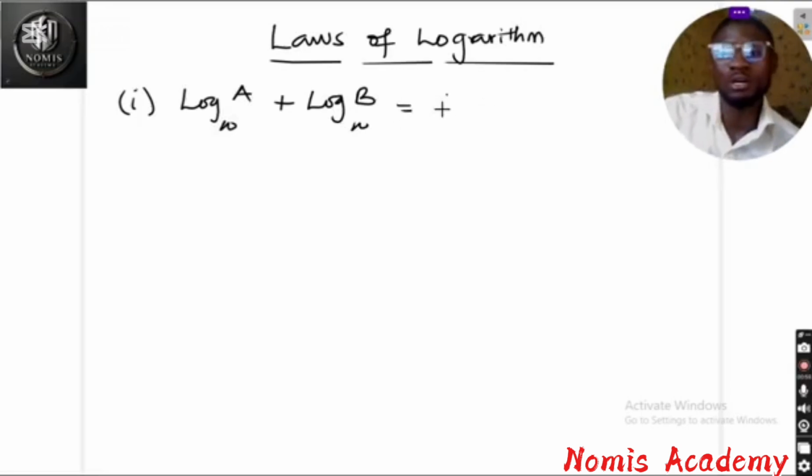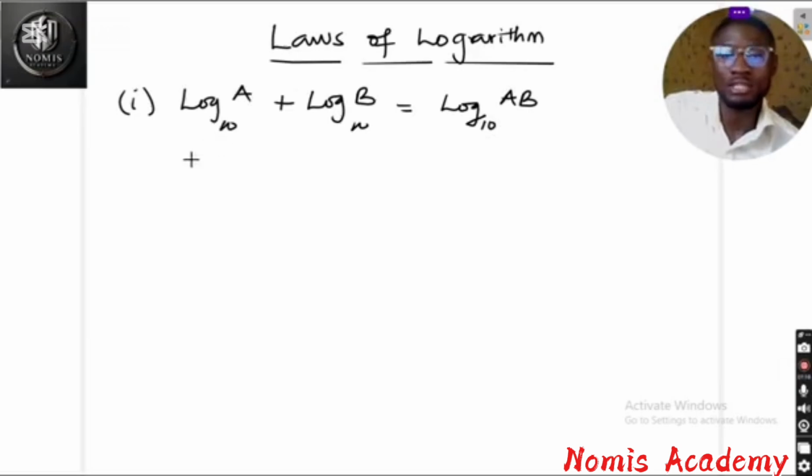So it becomes log A times B base 10. So here the base is what we have here. So log A base 10 plus log B base 10 becomes log A times B base 10.